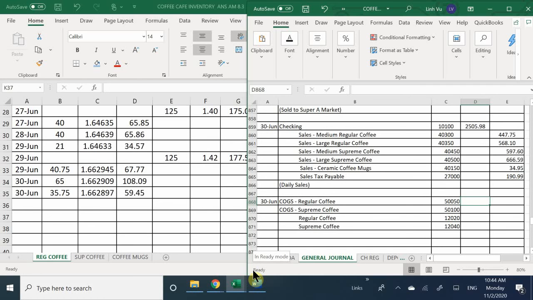If I sold 35.75 pounds, what is my total cost that I sold? The 59.45. Correct. 59.45.